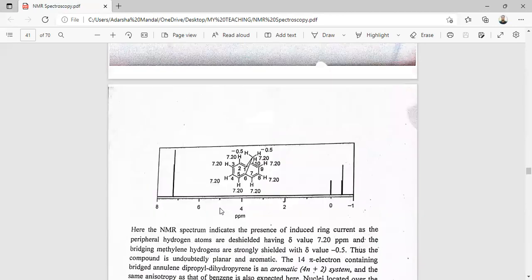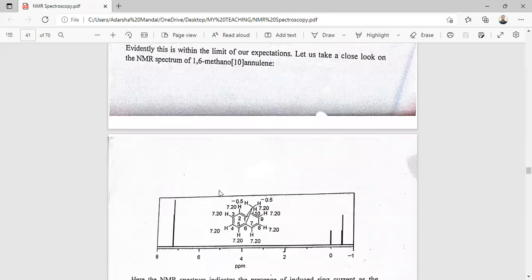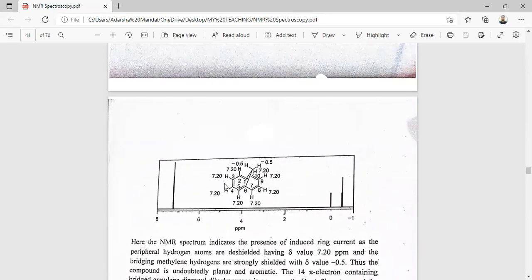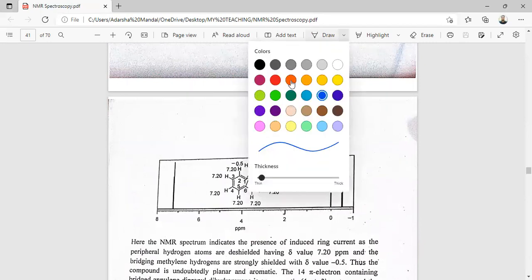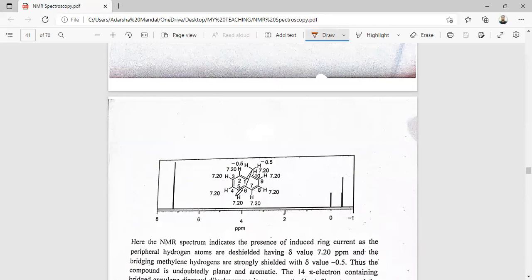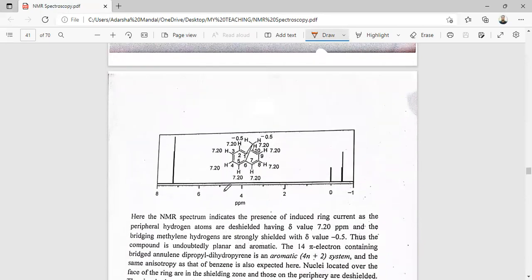So first in this example, it is the 1,6-methanoannulene. It has 10 pi electrons in this molecule. That is the aromatic molecule.